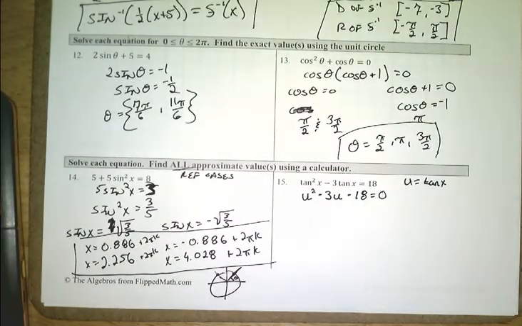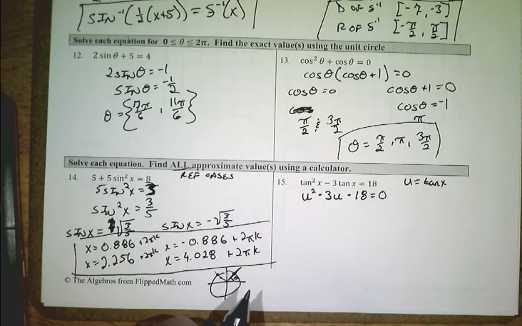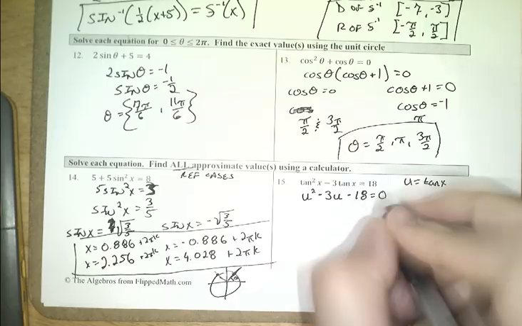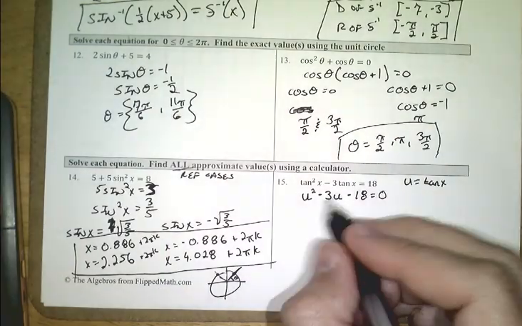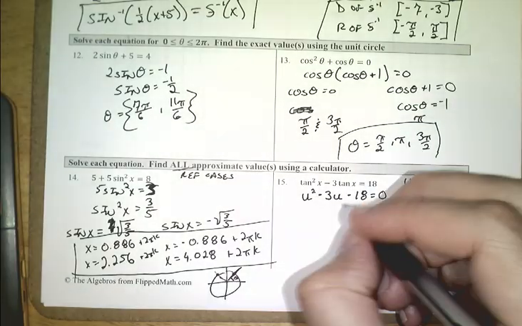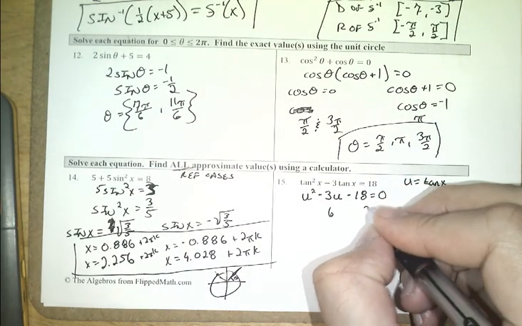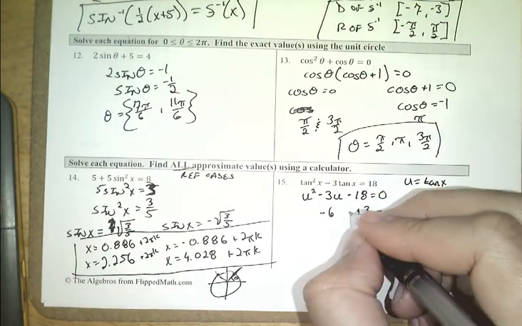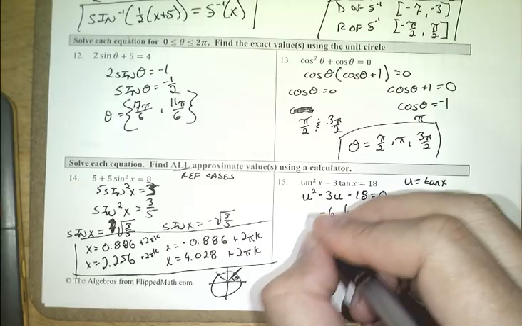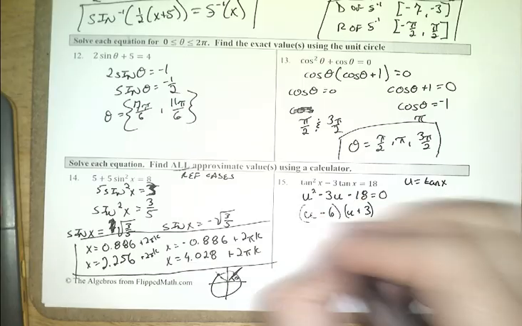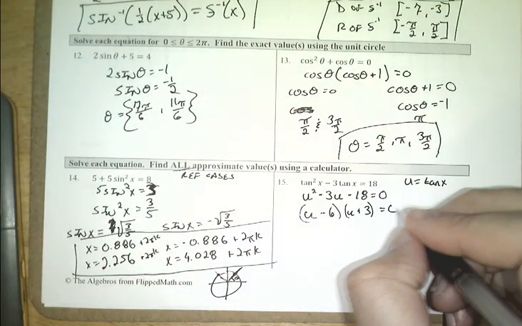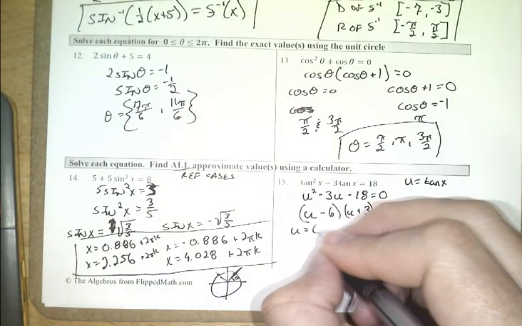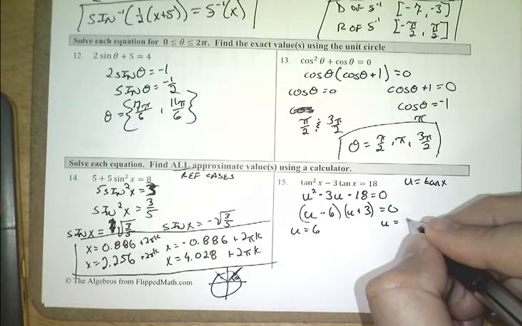And we can factor this out. What two numbers multiply to be negative 18, but add to be negative 3? That's probably going to be 6 and 3. This is negative, so the negative one is bigger. That'll be a plus 3. So this will be u minus 6 times u plus 3 equals 0. So that tells me that u is equal to 6 or u is equal to negative 3.